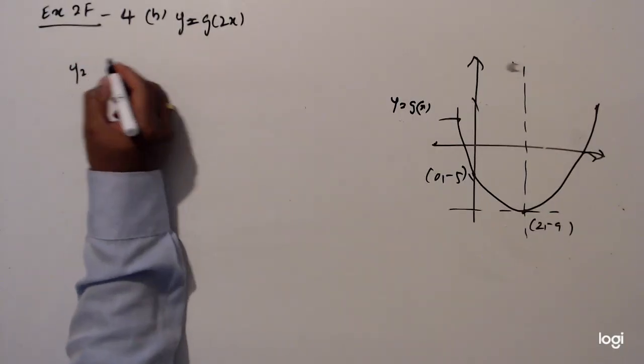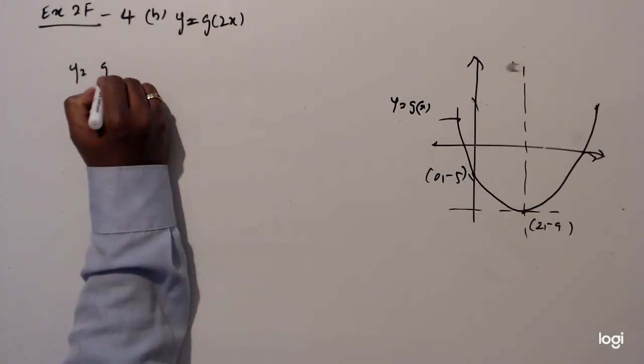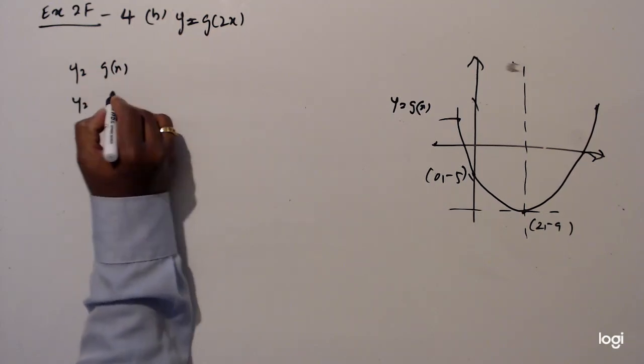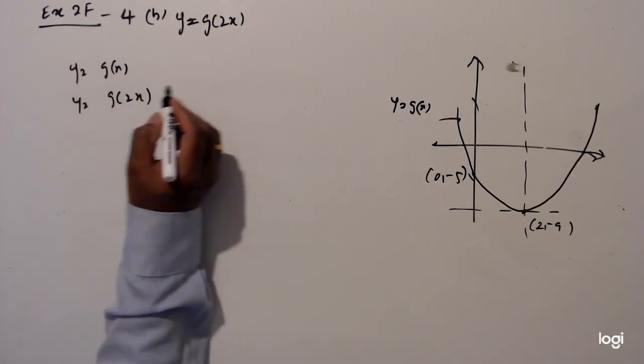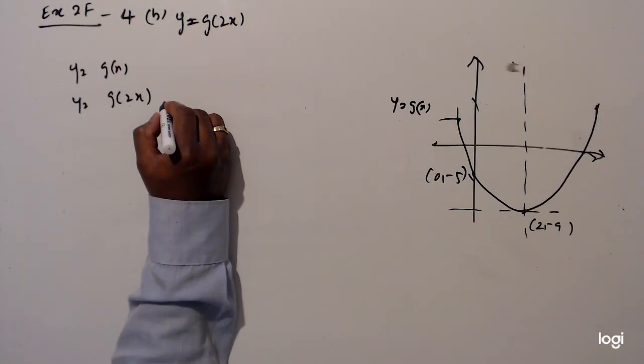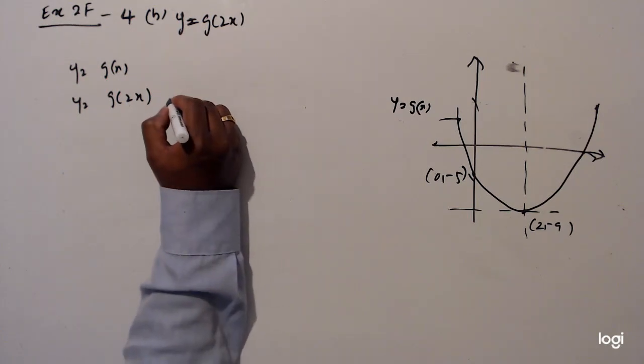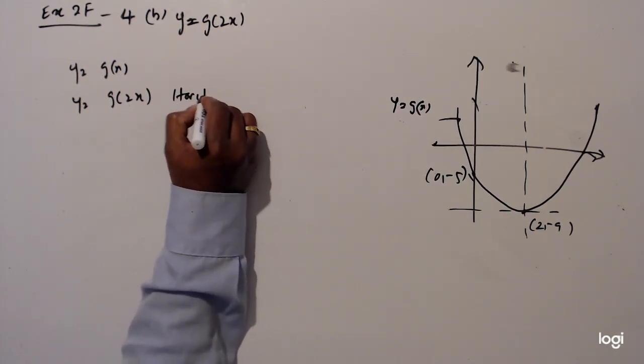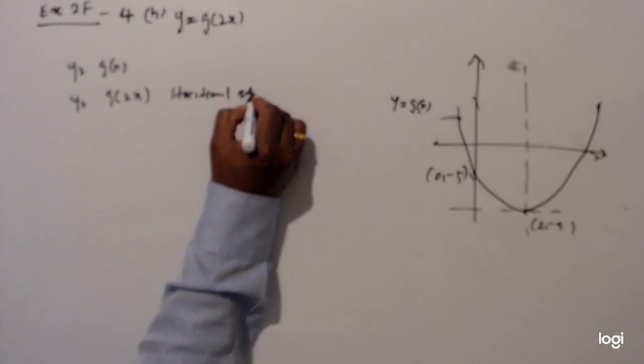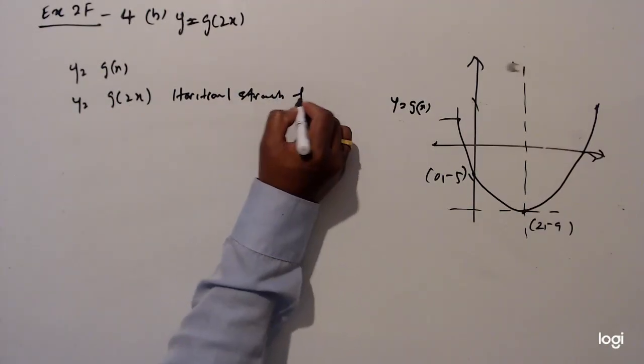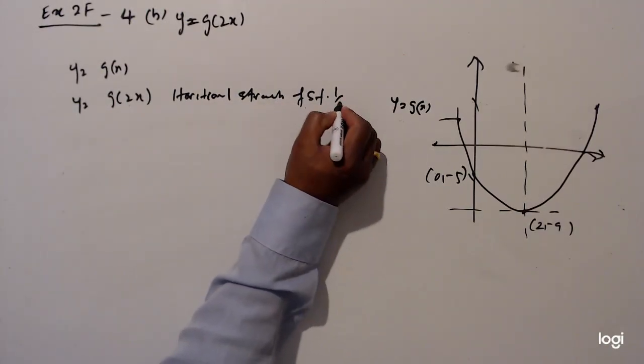So y = g(x), then y = g(2x). This is going to be a horizontal stretch of scale factor half.